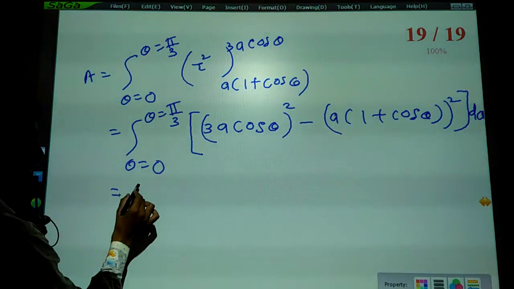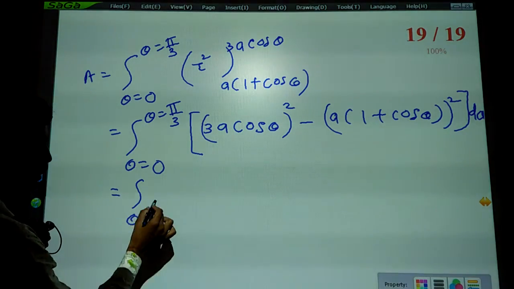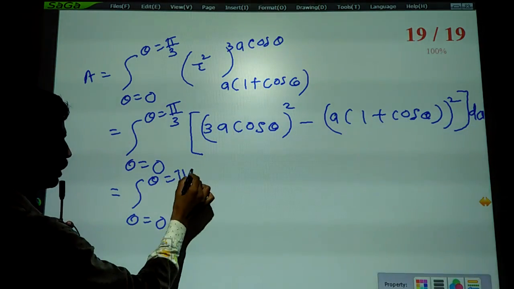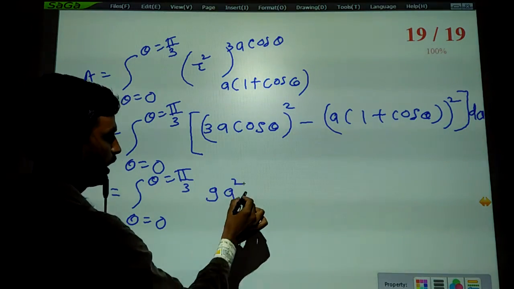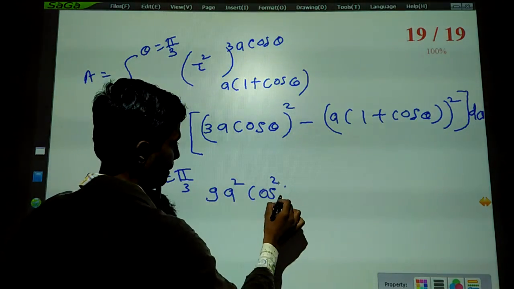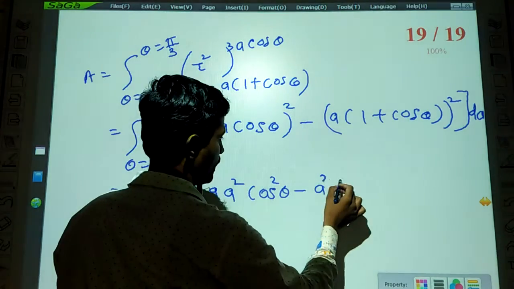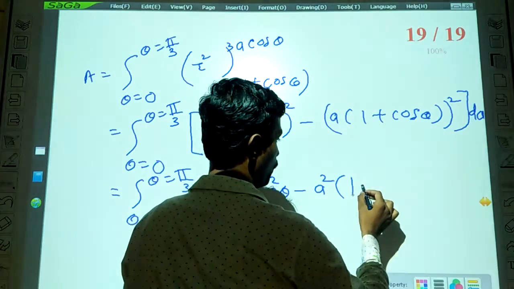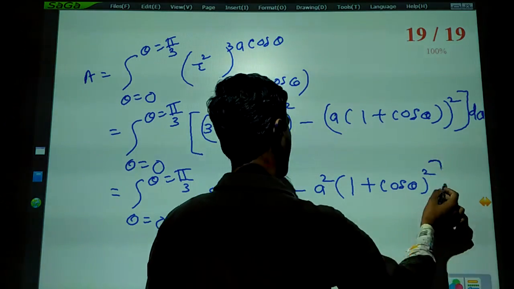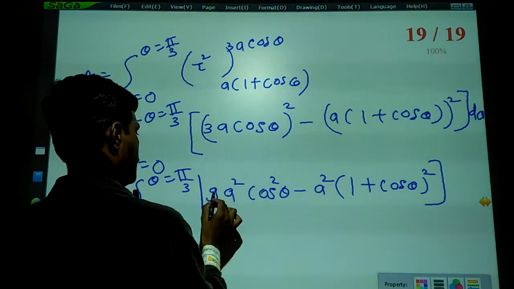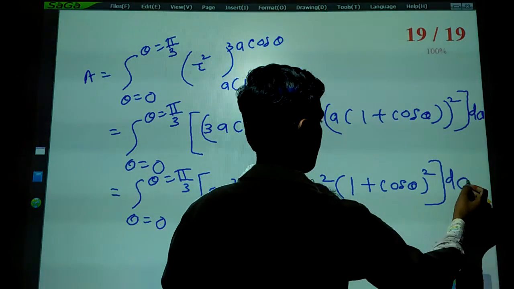So 3 square is 9. Theta from 0 to pi by 3, 9a square cos square theta minus a square 1 plus cos theta bracket square d theta.